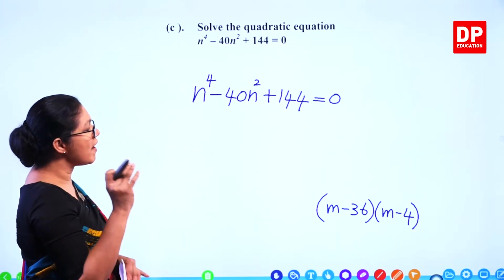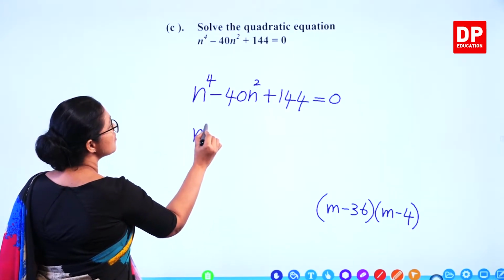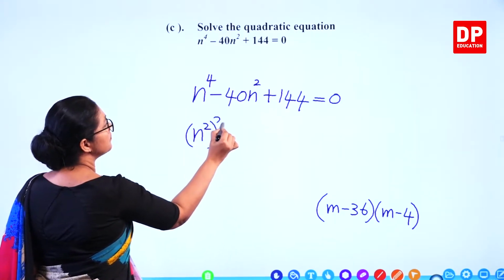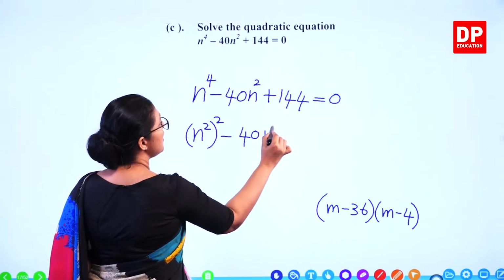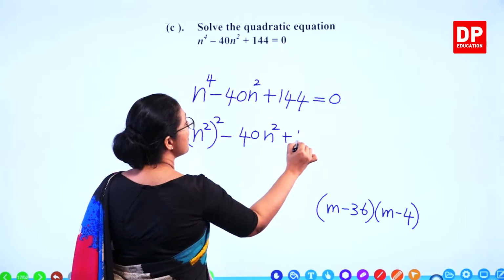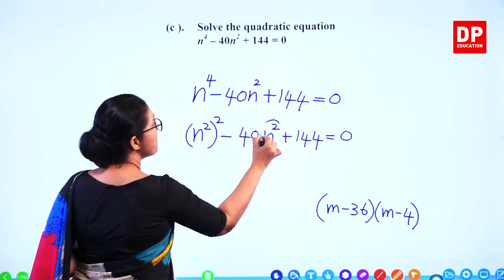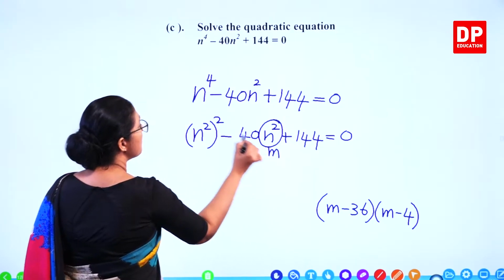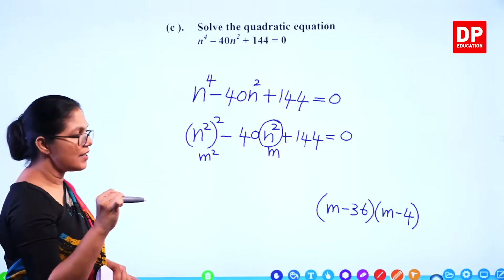But instead of m, what you get here is the n squared term: n to the power 4 minus 40n squared plus 144. Instead of m, you have to plug in n squared.